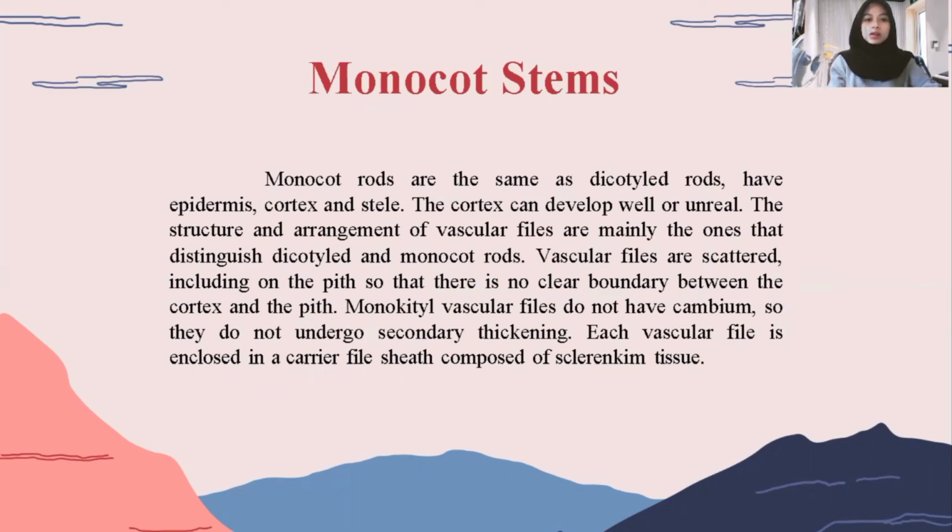Monocot stems are the same as dicot stems, having epidermis, cortex, and stela. The cortex can be clear or unclear.